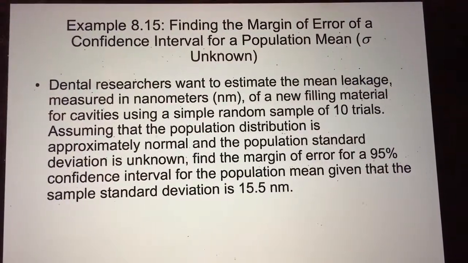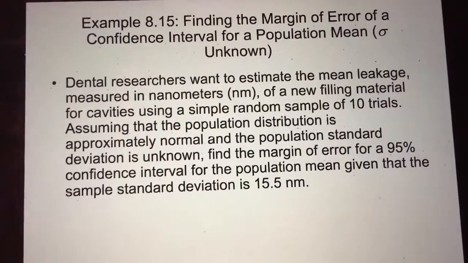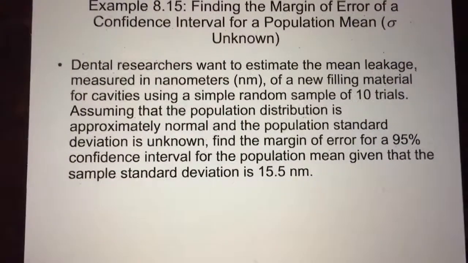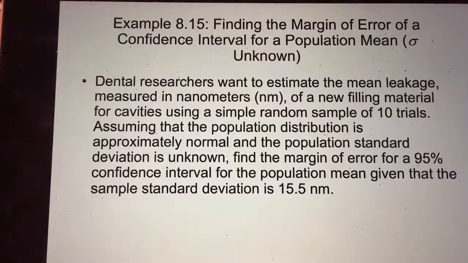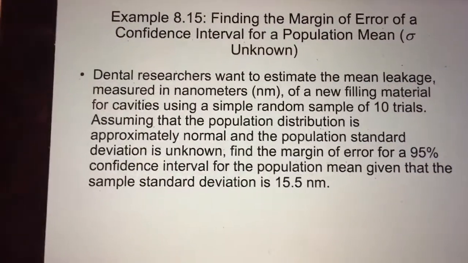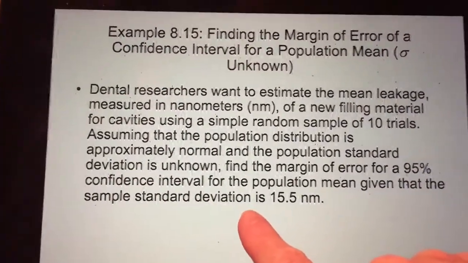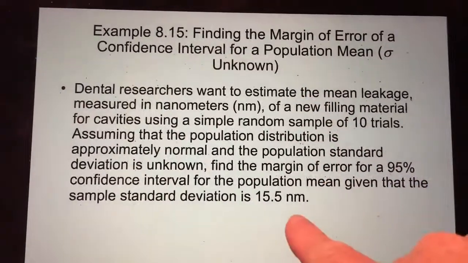Assuming that the population distribution is approximately normal and the population standard deviation is unknown, find the margin of error for a 95% confidence interval for the population mean, given that the sample standard deviation is 15.5. So here, this is key. We know the sample standard deviation, but not the true standard deviation of the population, okay?